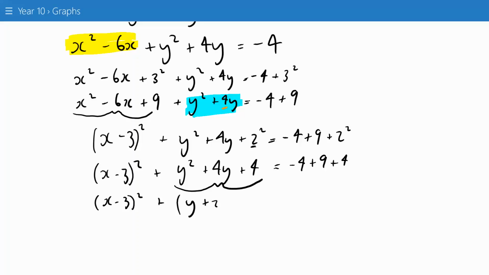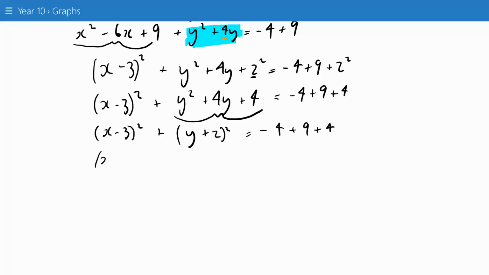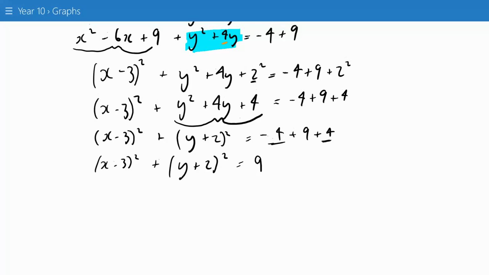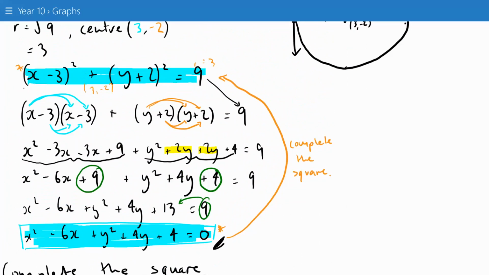A is 2 squared equals minus 4 plus 9 plus 4. So x minus 3 squared plus y plus 2 squared. Now think about this. What is minus 4 plus 9 plus 4? Well, this minus 4 plus 4 is gone, and we're just left with 9. And what do you know? We have got the same thing.